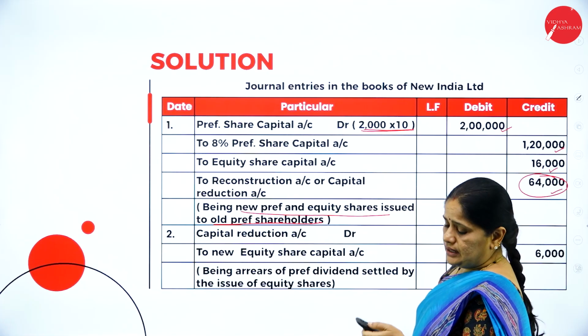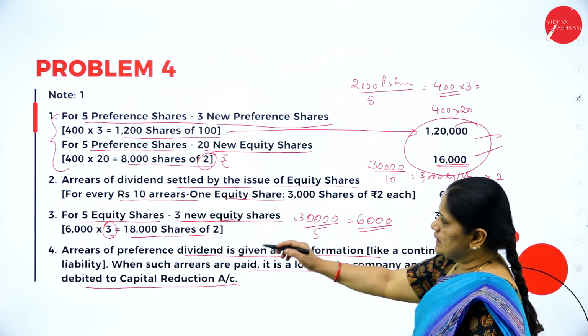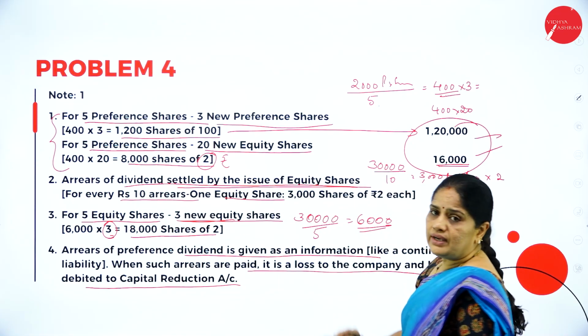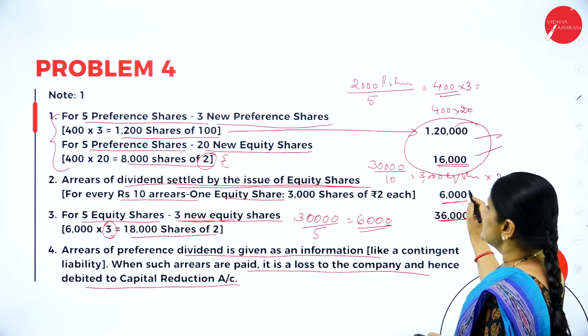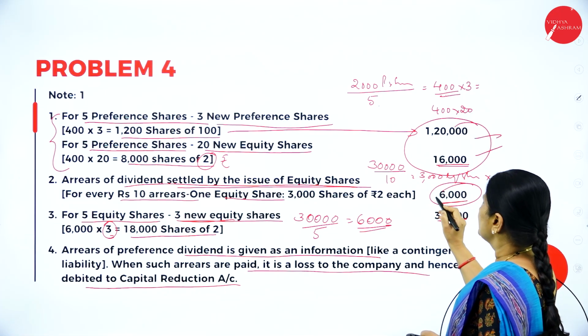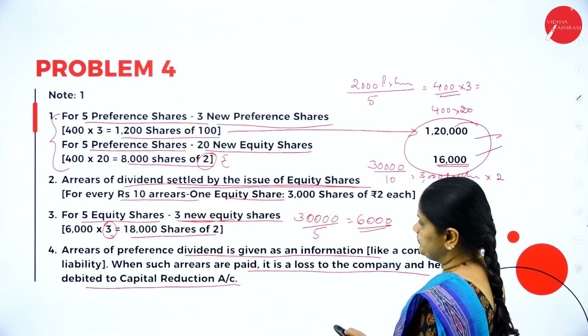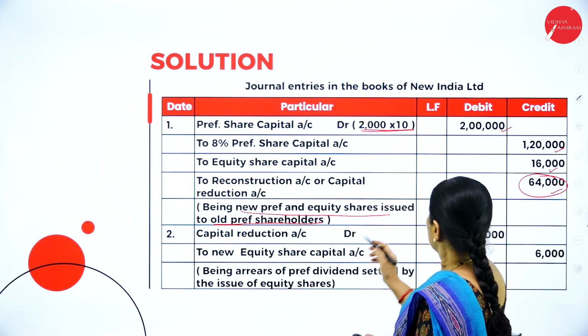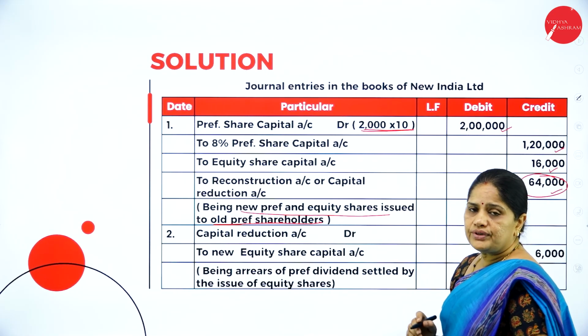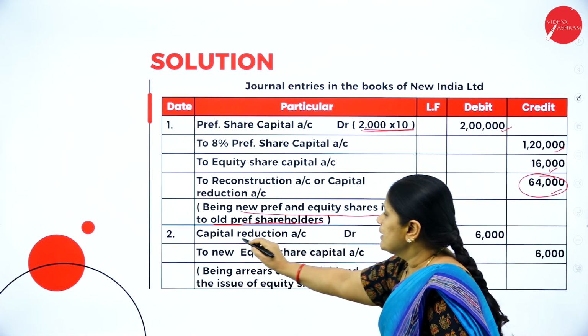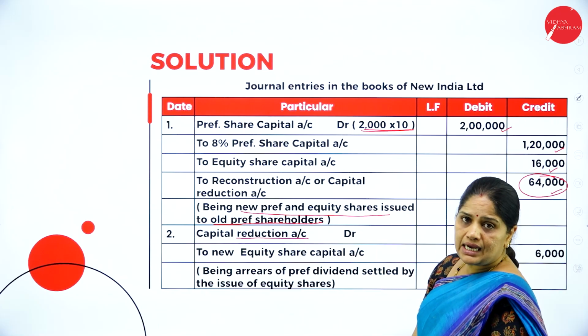Now the next one is, if you can see the note here, the arrears of dividends settled by the issue of equity shares. So arrears, how much you are issuing? You are issuing 6,000 worth of equity shares. So for that you are making use of the capital reduction account.